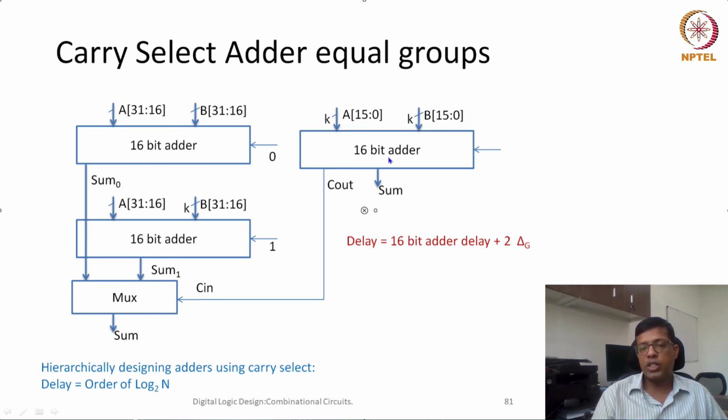For example, when we create this 16-bit adder using a carry select adder, it would be the delay of an 8-bit adder plus again 2 delta g. So still the order would be order of log n. It's a very effective technique, and it's a very generic thing also, which can be applied to different kinds of circuits.